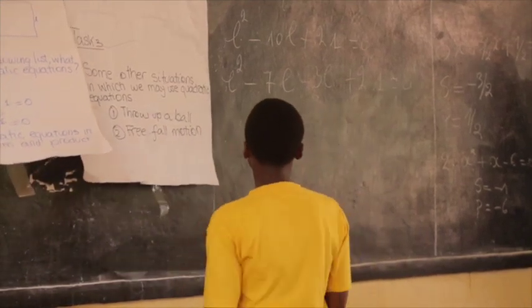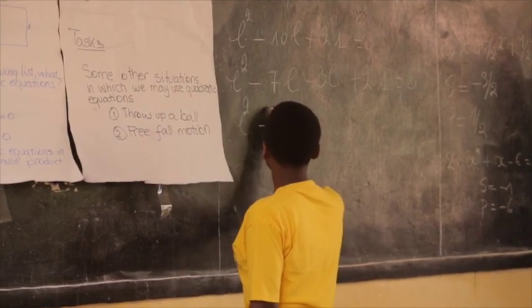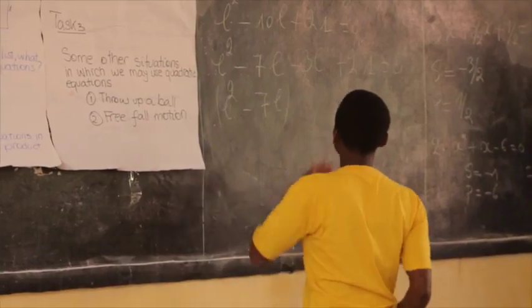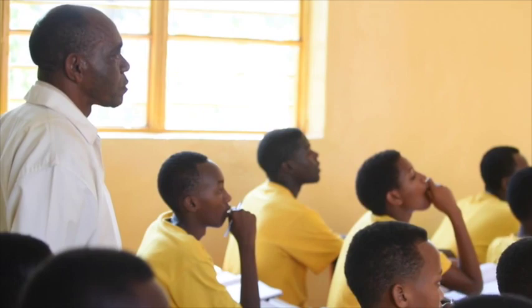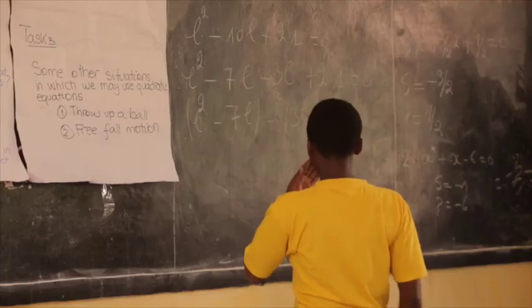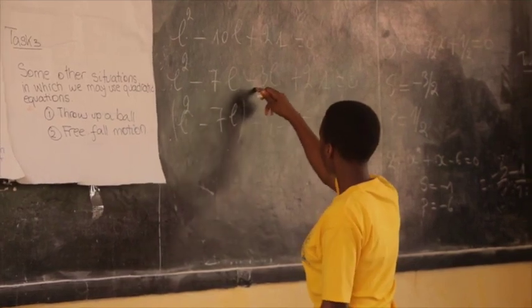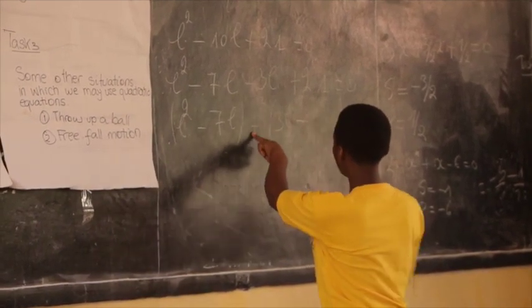And I group 2 by 2. Minus 3 L minus, because when you take minus times minus here, minus times minus here, they give us plus.